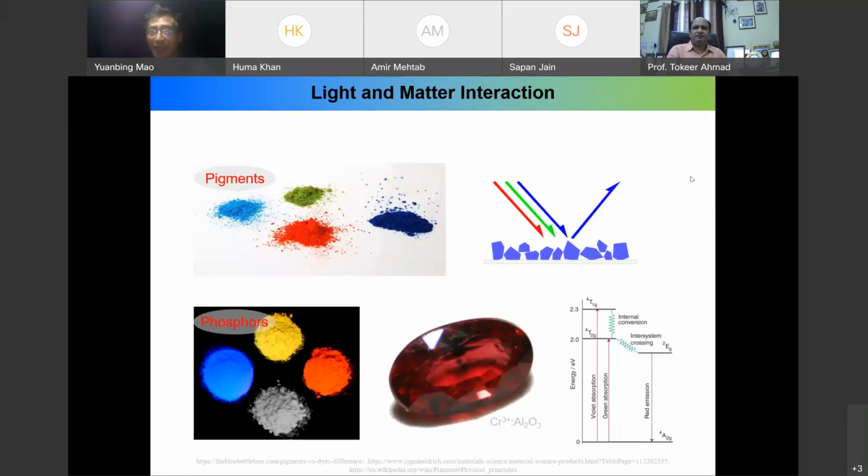In terms of the physical process, when light hits a pigment, part of the light is absorbed and part is reflected, and that's what we see as the color of the pigment. But for phosphors the process is completely different: they involve electronic transitions between different energy levels. We'll go back to different energy levels in a little bit.